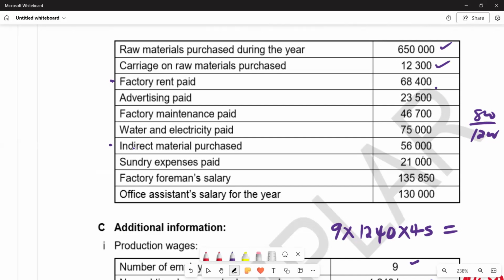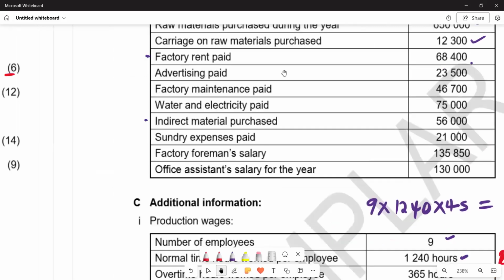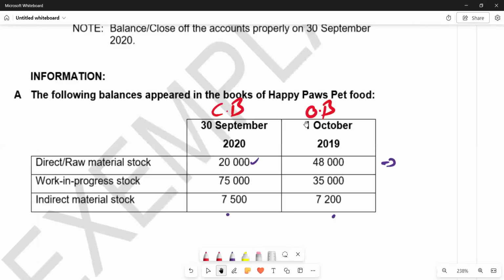Remember, we said opening stock plus purchases, so we add 56,000, and then we subtract the closing stock, which is 7,500. So we can summarize that working.